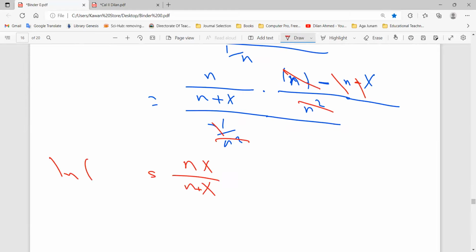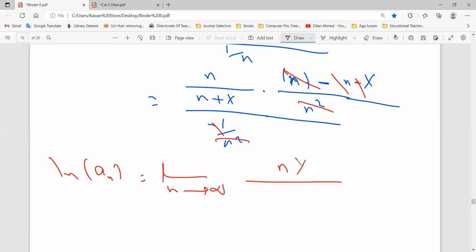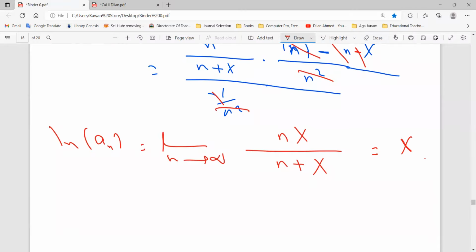And this is ln of a_n, which is equal to the limit as n approaches infinity of nx over n plus x. And that limit will be what? x is a free variable, n is the one dealing with the limit. So it's equal to coefficient over coefficient. So x over 1. So it remains x. Am I right?